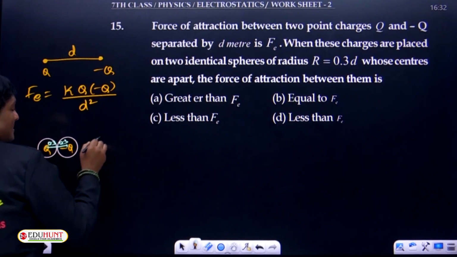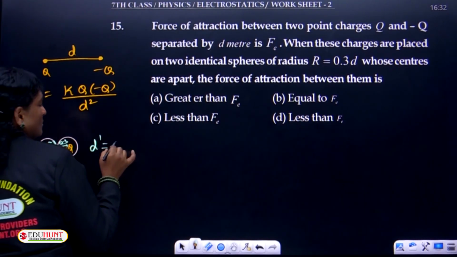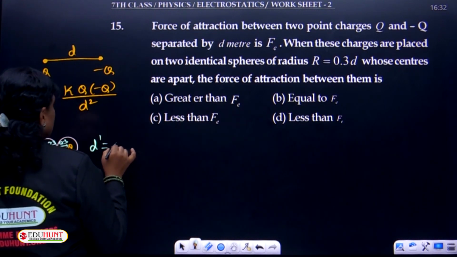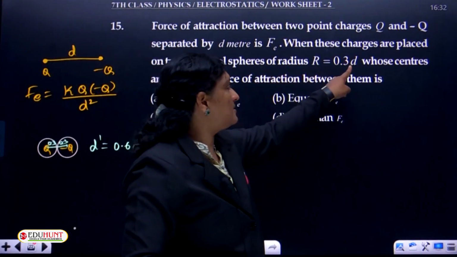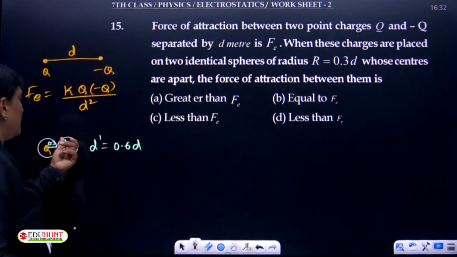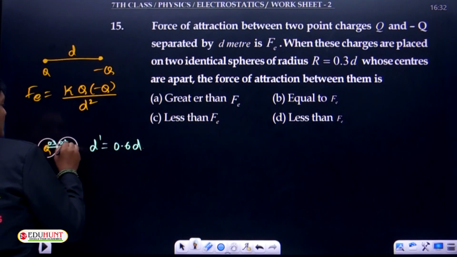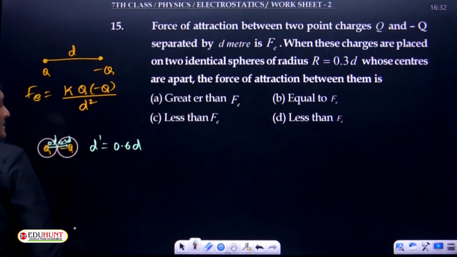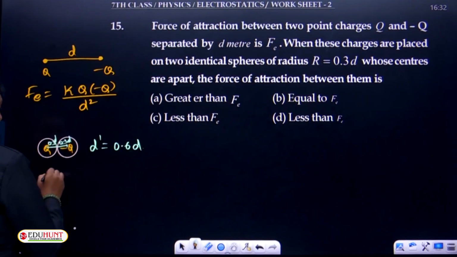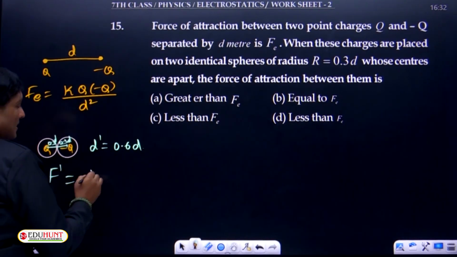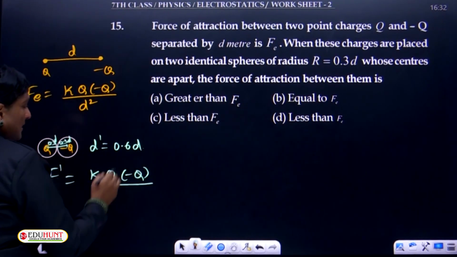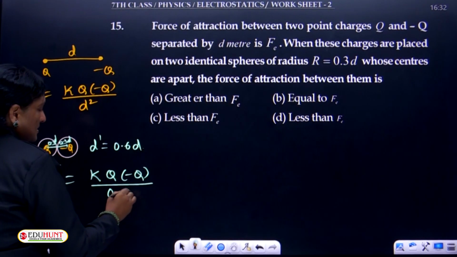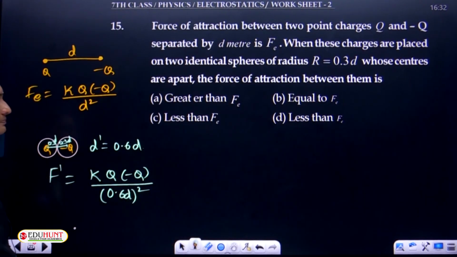Now the new distance of separation is 0.3d plus 0.3d, totally equal to 0.6d. Hence, the new force of attraction, say F dash, can be written as k times charge q times minus q separated by a distance 0.6d whole square.